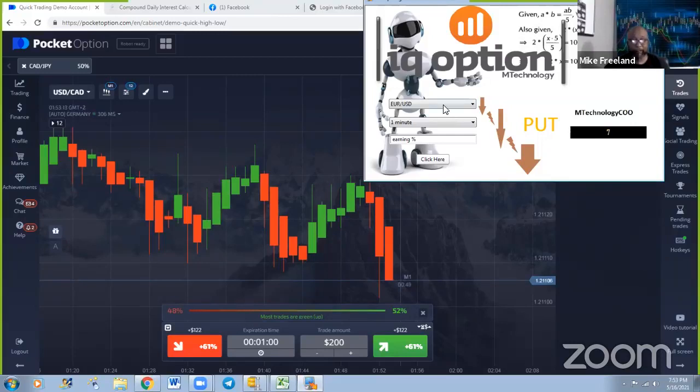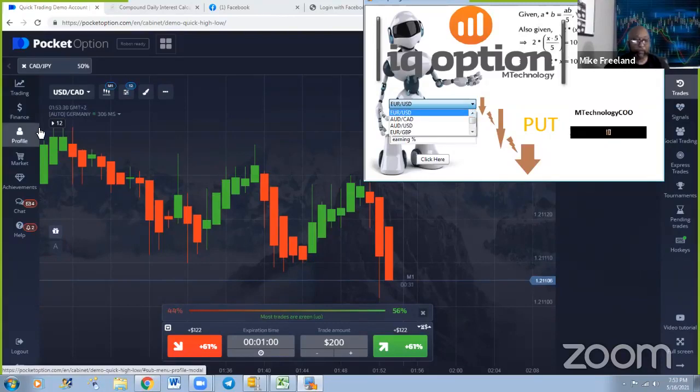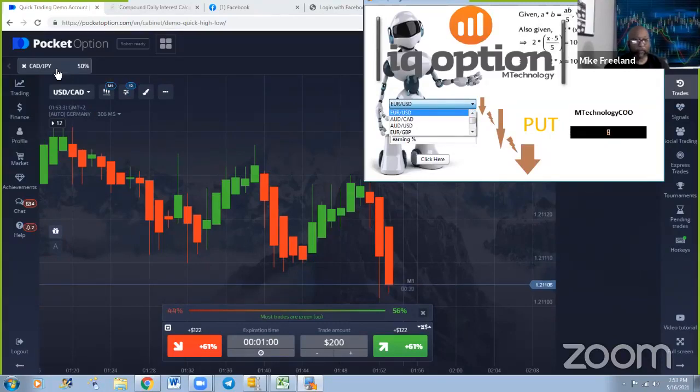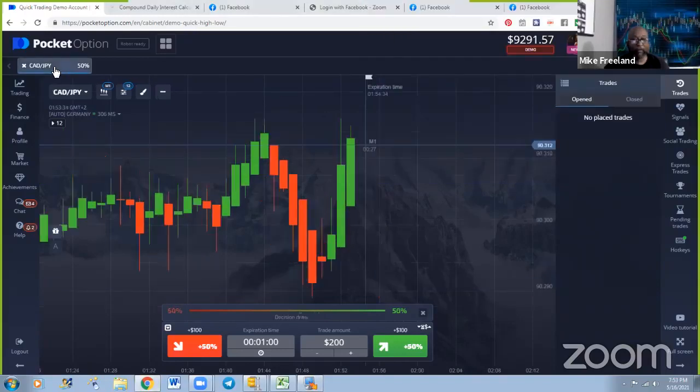Now here, you have a list of currency pairs, okay? As many of us know, when we go in to do a trade, we come over, we pick whichever currency pair we want.